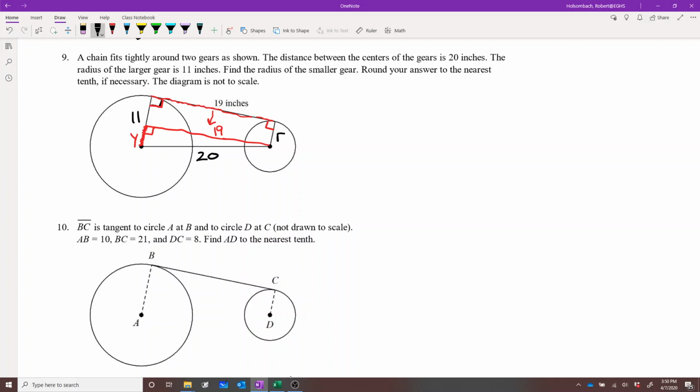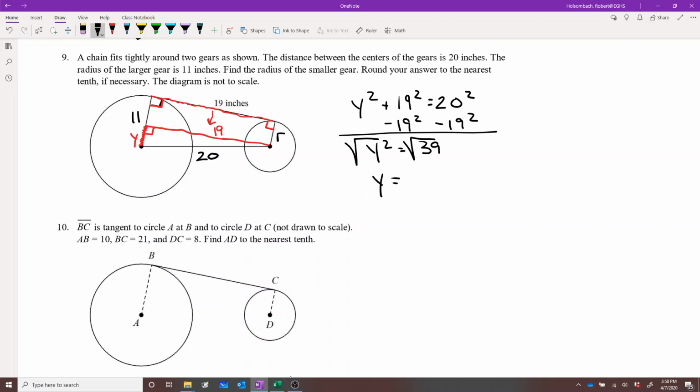So using the Pythagorean theorem, y squared plus 19 squared equals 20 squared. If we subtract 19 squared from each side, then y squared equals 39. If you find the square root of each side, y is equal to 6.244. Okay?